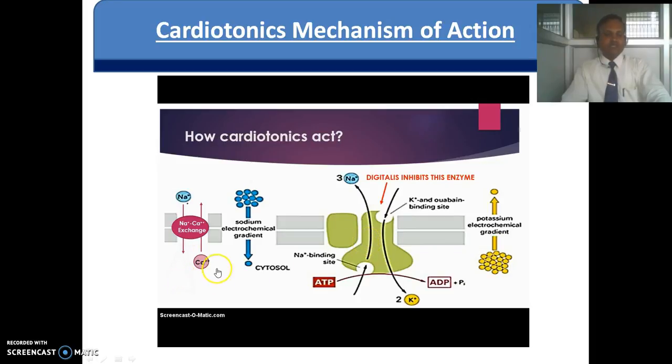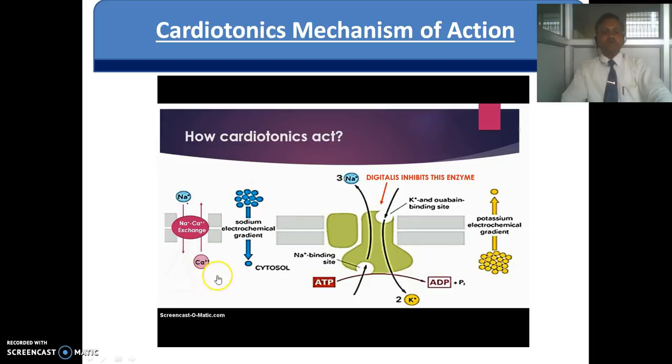Now, such accumulation of calcium because of inhibition of sodium-potassium ATPase enzyme will lead to release of more calcium from intracellular storage called the endoplasmic reticulum. This is a folded cell organelle present in the cell, which is a calcium store.